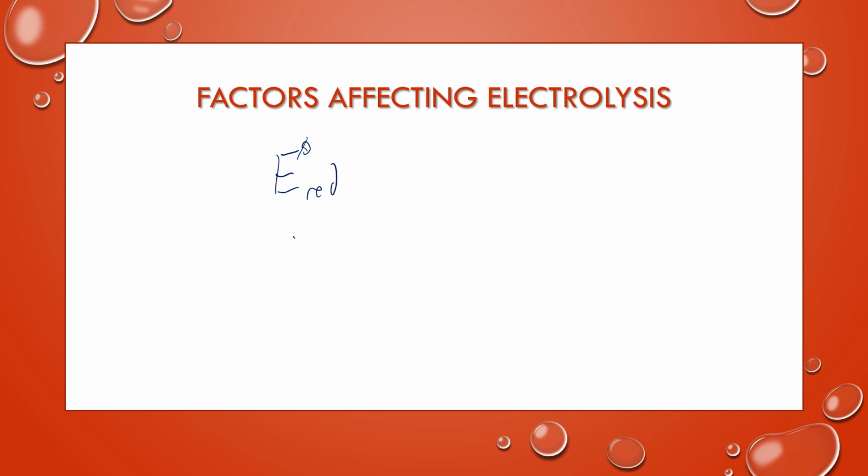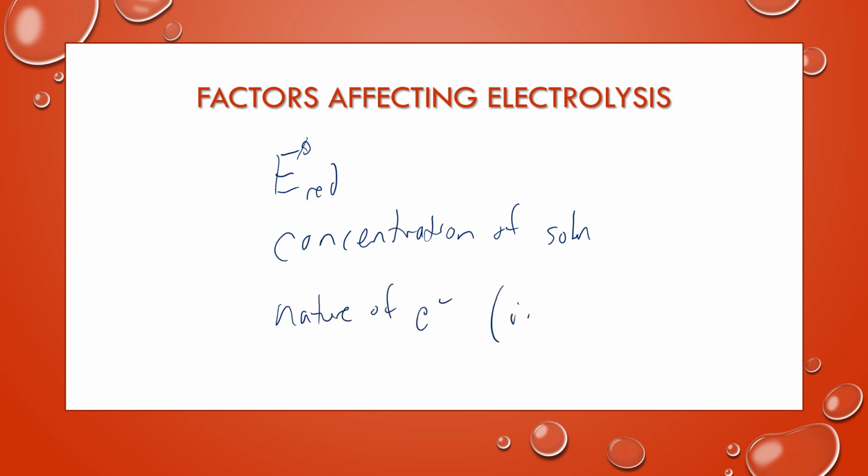You could also consider the concentration of the ions in your solution. This is an aqueous solution. You also want to consider the nature of the electrodes, so whether you have inert electrodes or reactive electrodes, that's going to behave differently.